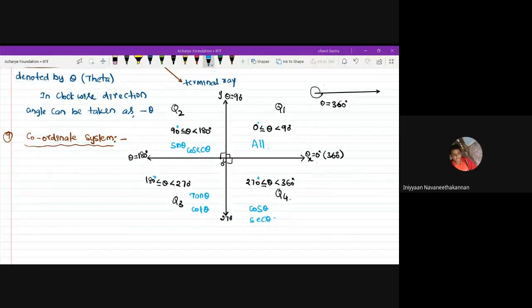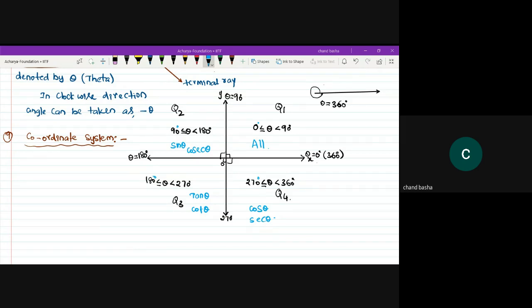Sir, can we say that there are an infinite number of angles in a circle? Yes, you can take 30, 40, 50, 1 degree, 2 degrees, 0.5 degrees.